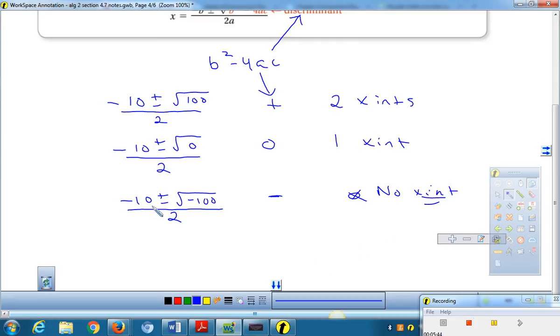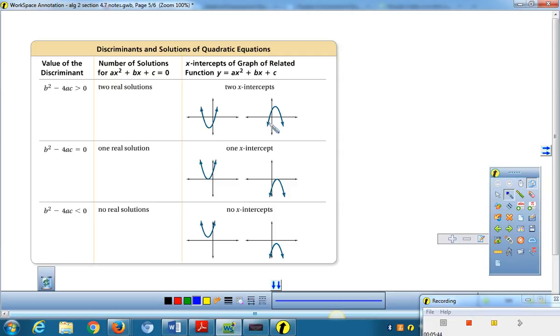Thank you. All right. So the next slide just summarizes that. You don't have to write it this way. And we do have to make clear, though, that if the discriminant comes out to be positive, we have two, and the important word is real solutions, which is illustrated over here. We have two x-intercepts on both of these.